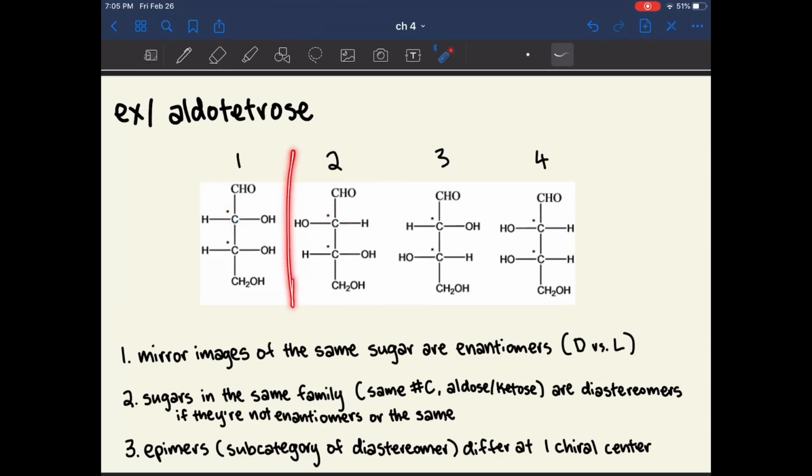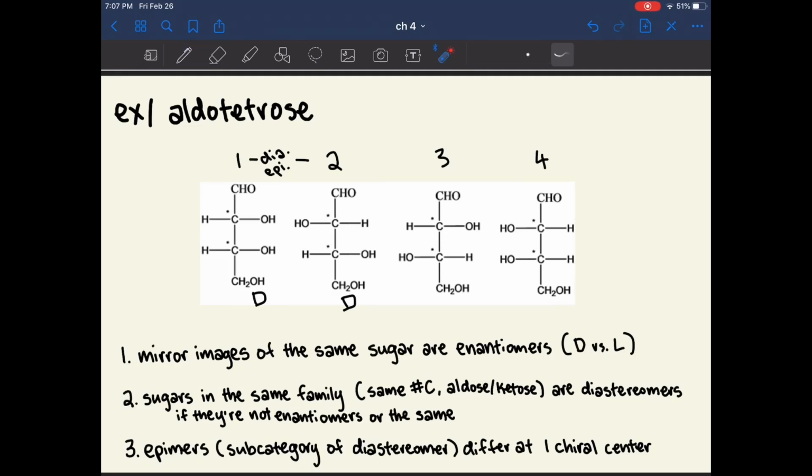And we can also see that these are not mirror images of each other, which means that 1 and 2 must be diastereomers of each other, and they're also epimers. And as a side note, the second to bottom carbons of both 1 and 2 have the OH group on the right side, and therefore these 2 sugars are both D.